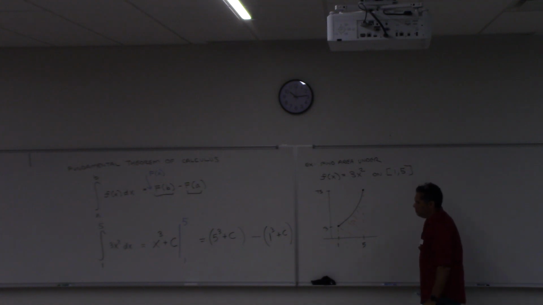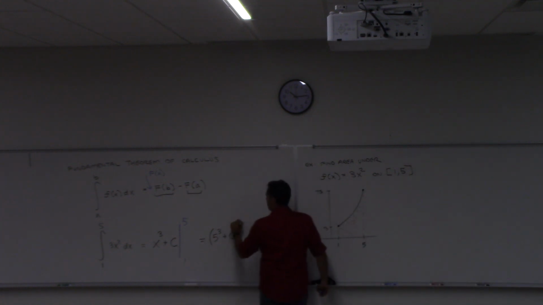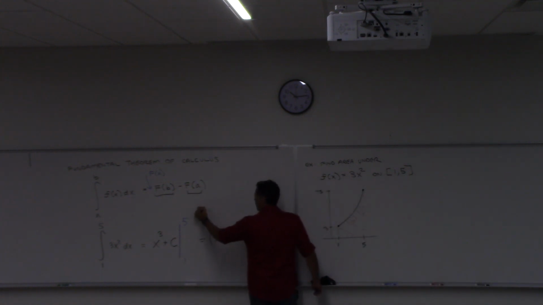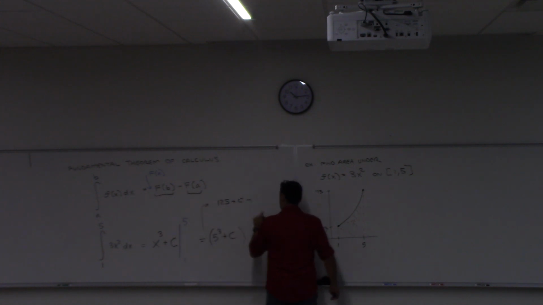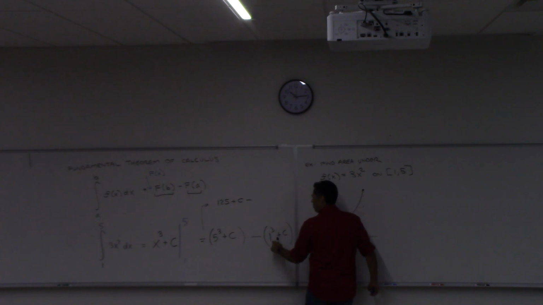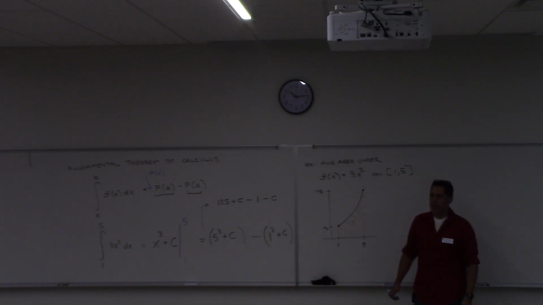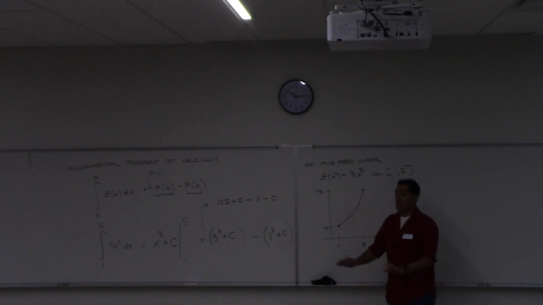What's 5 cubed? 125. I'm coming up this way because I'm out of room. So this is going to be 125 plus C minus, careful here, 1 minus C, right? What happens to the C's? They cancel. And that would happen every time I do this.